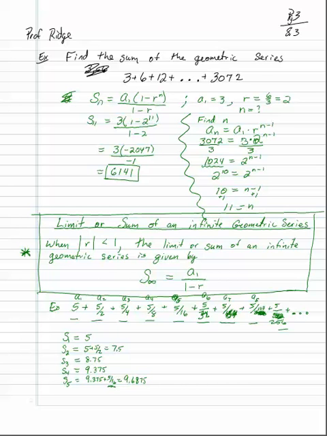So we're just adding a smaller number. S sub 6 is 9.84375. Now for S sub 7, we add 5 64ths. Again it's growing, but the amount that it's growing gets smaller and smaller.